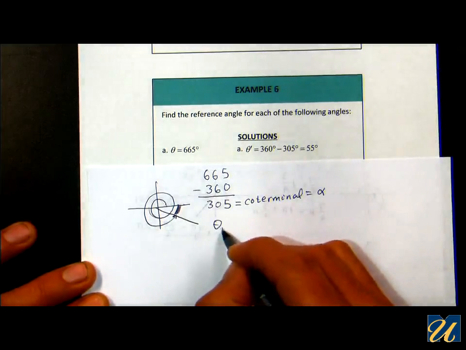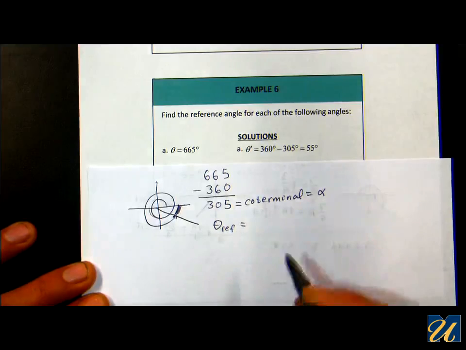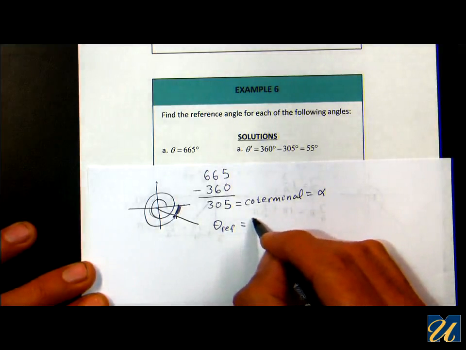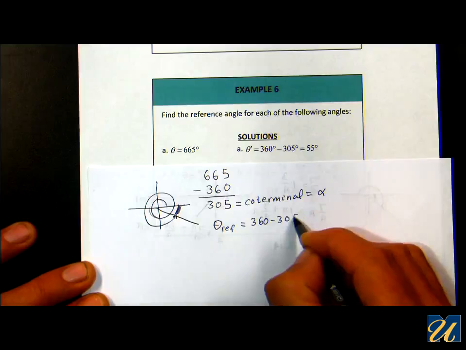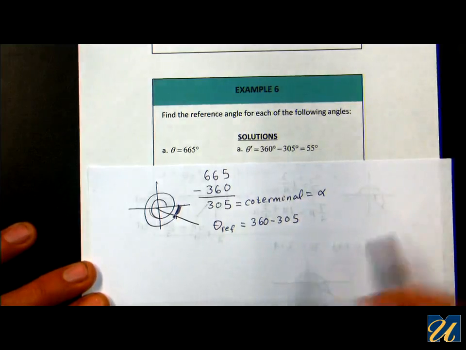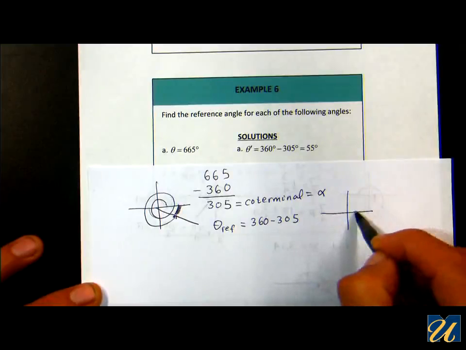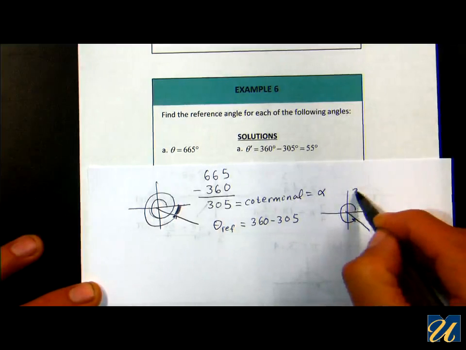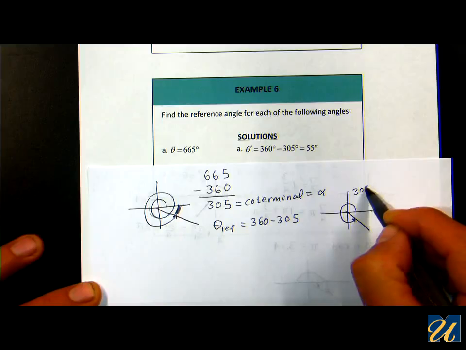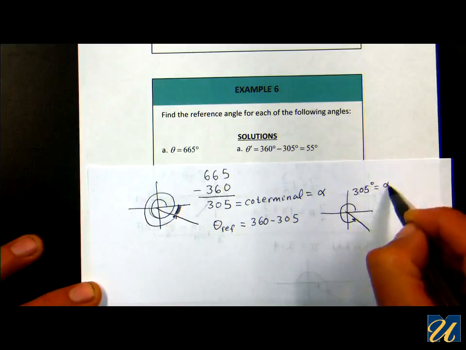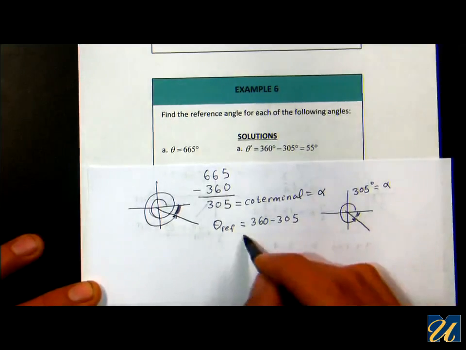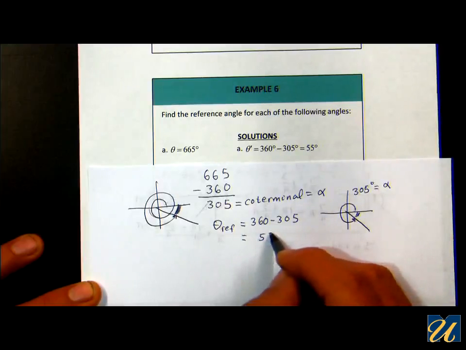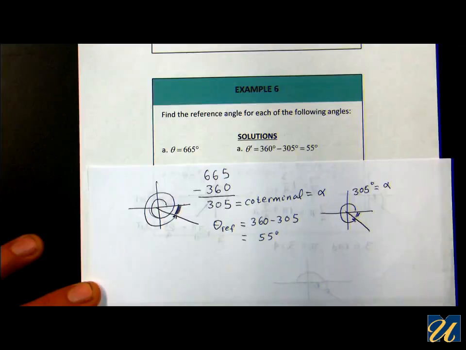So the reference angle, according to the prescription in the PowerPoint, is a full rotation minus your given angle, which is in standard position. That's the 305 degree angle. That means just going around the circle to here and stopping. So this is your 305 degree, that's alpha. That's your coterminal angle. So reference angle right there. So 360 minus 305, and that's where they got 55 degrees there.